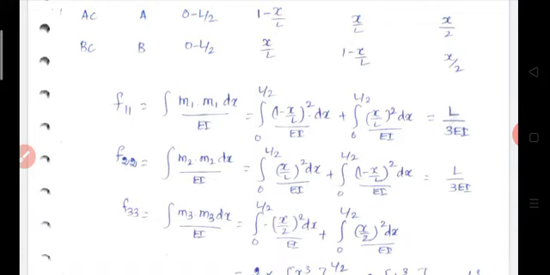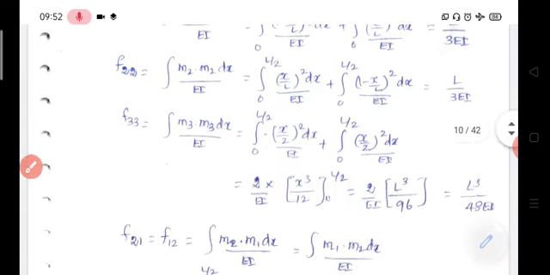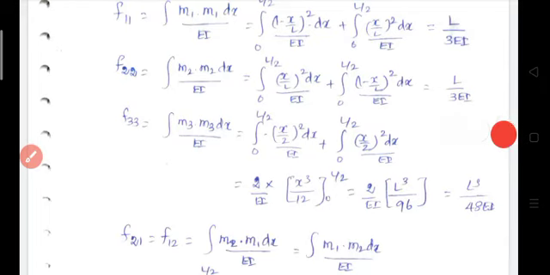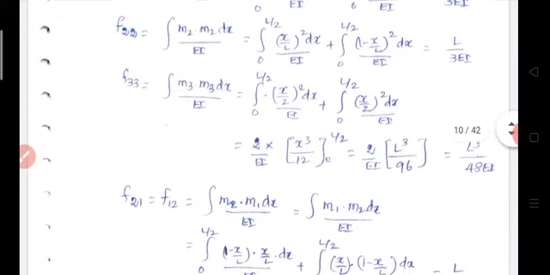Finally we determined F11 is equal to L by 3EI. Then F22 is equal to integration of M2 M2 dx divided by EI. Substitute these values. Finally again F22 is equal to L by 3EI. Then F33 is equal to integration of M3 M3 dx divided by EI. Substitute the values. Then finally F33 is equal to L cube by 48EI.